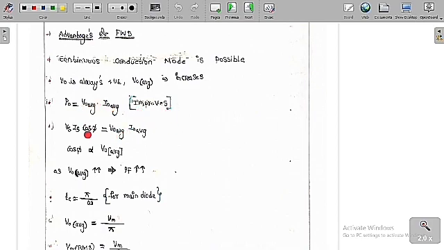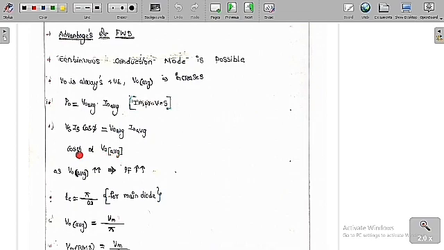And now here, as I already told you, we are assuming that there are no losses in the diodes. So the input power is equal to the output power. So Vs RMS into Is RMS into cos phi is equal to V0 average into I0 average. So we can say that the power factor cos phi, which is called the input power factor, is directly proportional to the output average power.